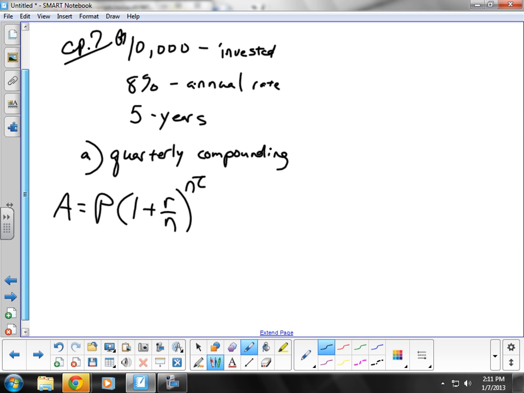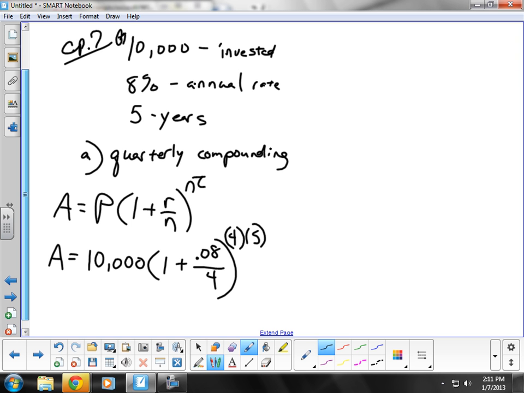Okay? So I'm looking for the amount in the account. The principal is the original amount invested, so that's where the $10,000 goes. One's just 1. The interest rate in decimal form would be 0.08. If I'm compounding it quarterly, how many times a year did I say that meant? 4. And I'm going to raise it to the 4 times 5 power. Because it said after 5 years.